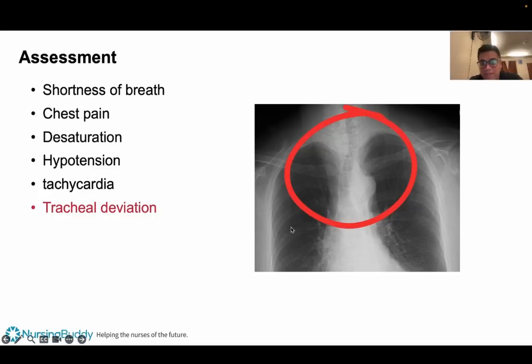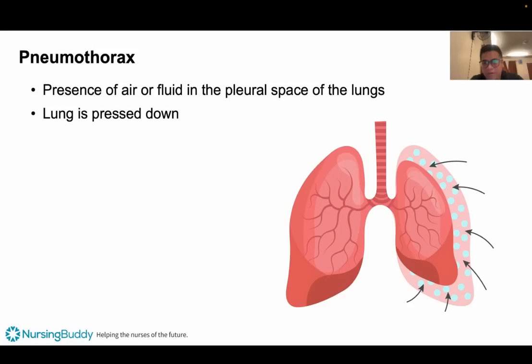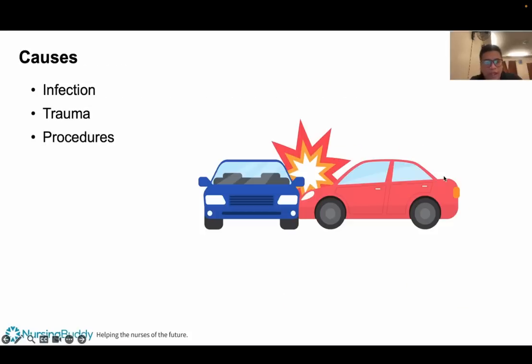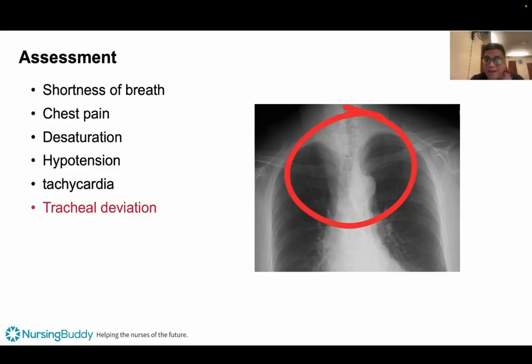Tracheal deviation is an indication that there is a problem with the size of either side of the lungs, wherein we have fluid or air that's pushing it to the other side. So we call that your tracheal deviation.